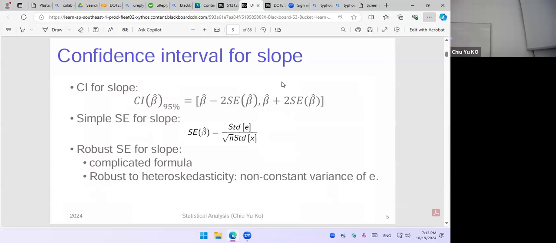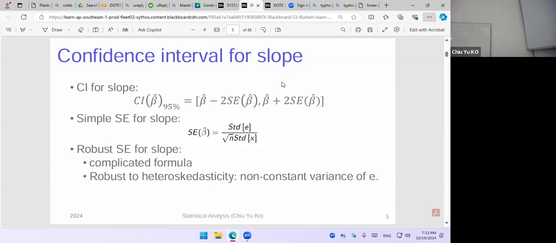But to be honest, this is not used that often, because we have formulas that give you nice properties. But in other techniques, like machine learning, you may have to rely on this because there's no particular formula to calculate those. Anyway, for the moment, we'll run the regression and show you this.